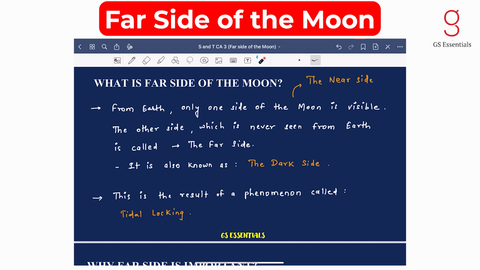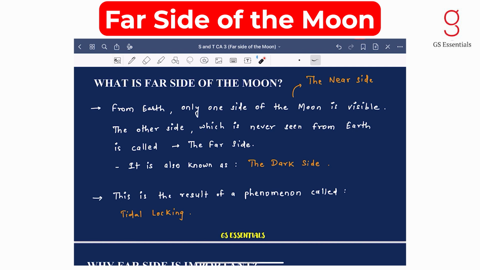This dark side or the far side of the moon is the result of a phenomenon called tidal locking. You must be aware that the moon revolves around Earth, and in this phenomenon of tidal locking, the time taken by the moon to rotate around its axis is equal to the revolution period around Earth.